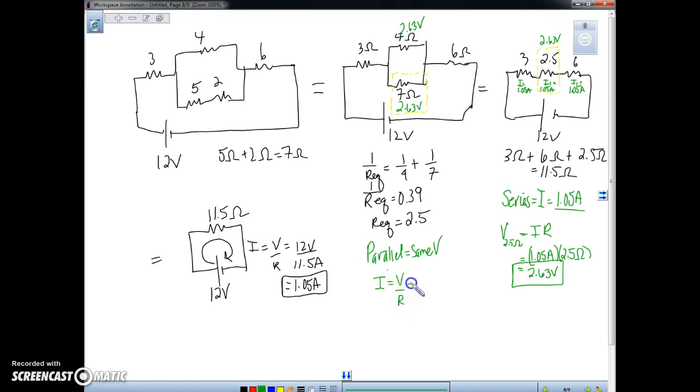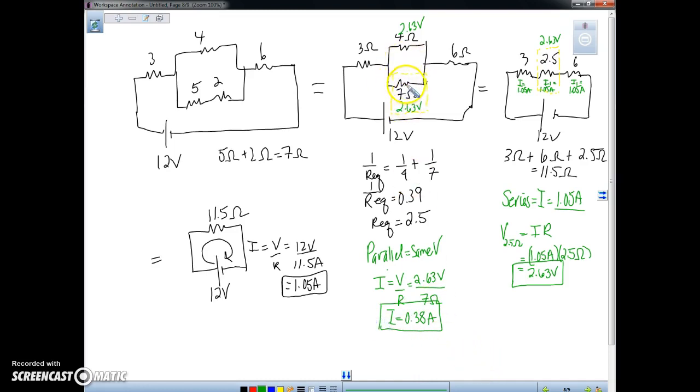So the current through that section with the same voltage, 2.63 volts divided by the 7 ohm resistance, gives me a current of 0.38, I'm going to round it to 0.4 amps at that location. Very cool.